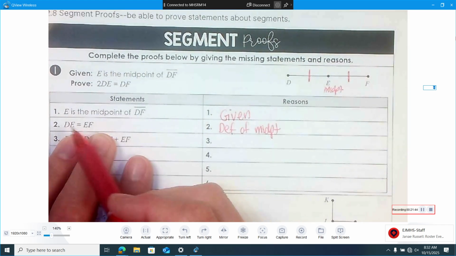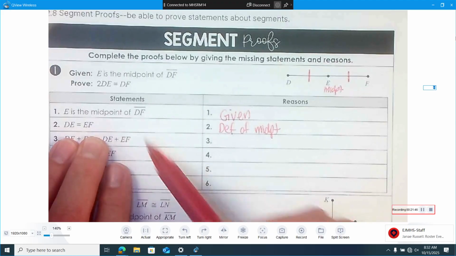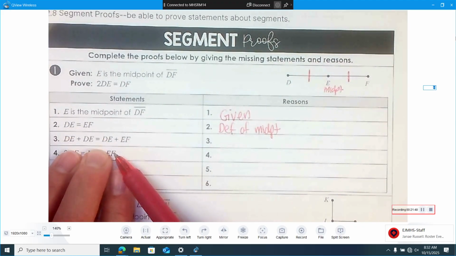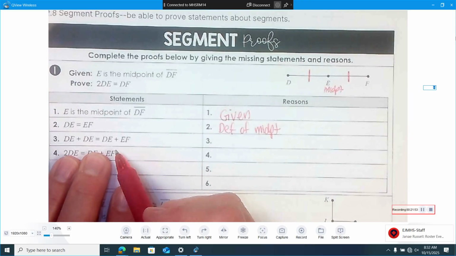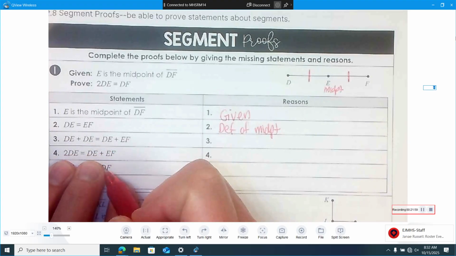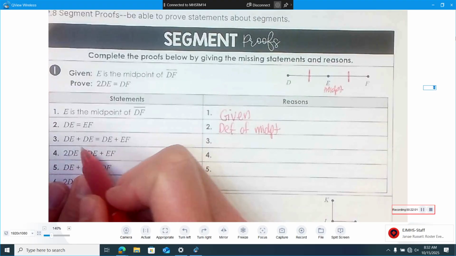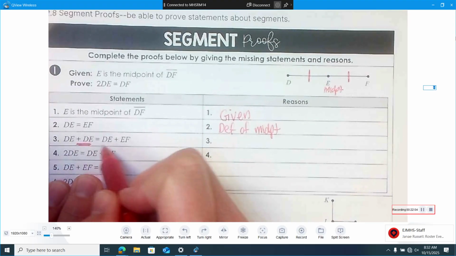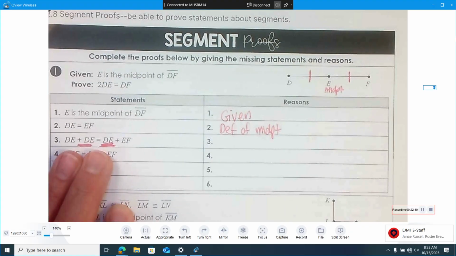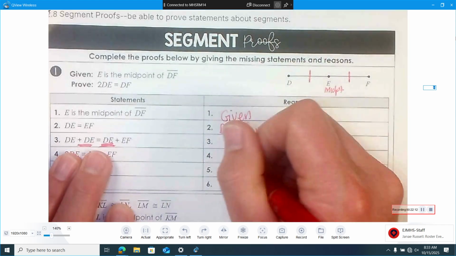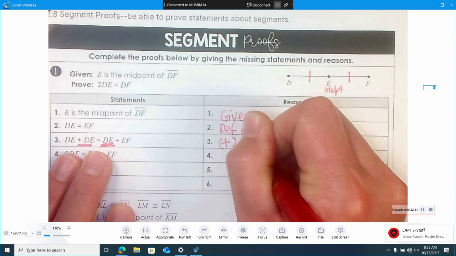So I have this statement that DE is equal to EF. And when I look at the next statement, I started with the DE, and what changed? They added a DE on both sides of the equals. What property is that? The addition property.